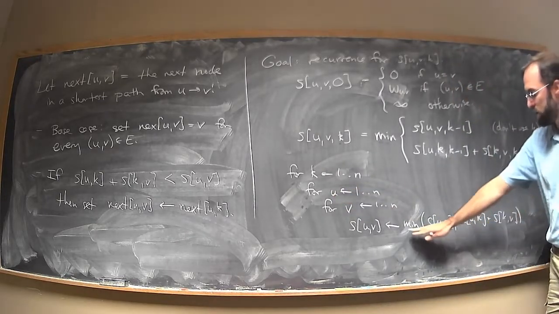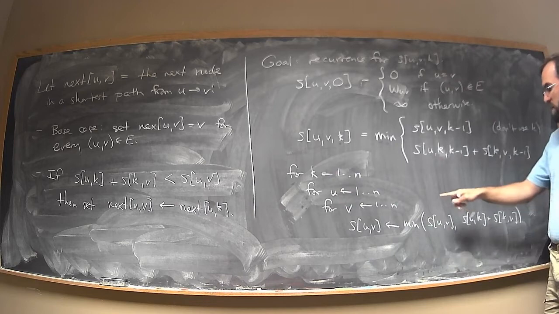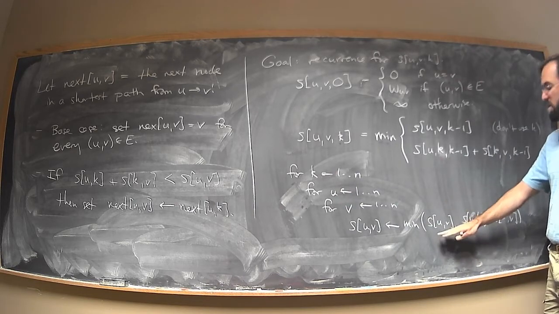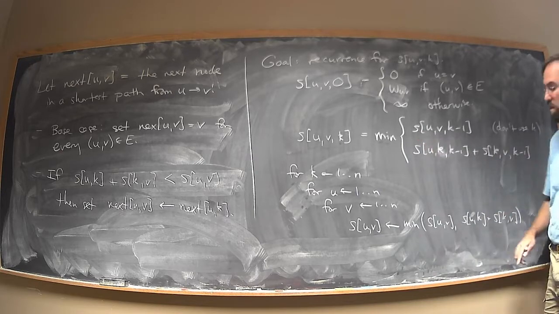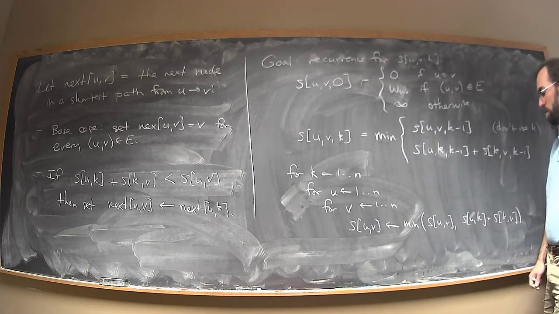We can't just do a min, because we need to have an if that says, okay, which of these is the case, and if this one is smaller, then I need to update next, and update SUV. So yeah, there's a nicer version of that written out in the lecture notes, which you are welcome to look at. That's it. That's the Floyd-Warshall algorithm.